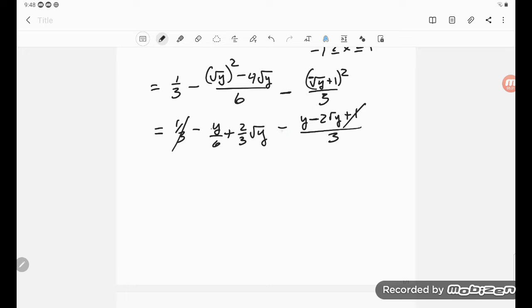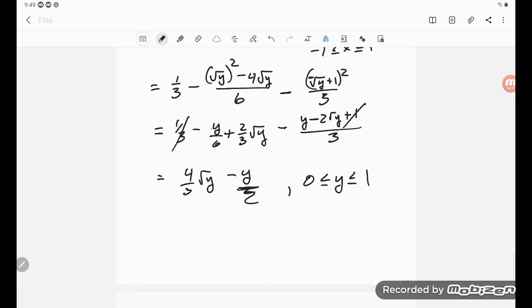I get a minus y over 3, which is 2/6, and a minus y over 6, which is 1/6. So I believe I'll end up with a minus y over 2, whoops, y over 2. And then the square root parts, I have a plus and a plus, so it looks like 4/3 square root of y. And so this is for 0 less than or equal to y less than or equal to 1.